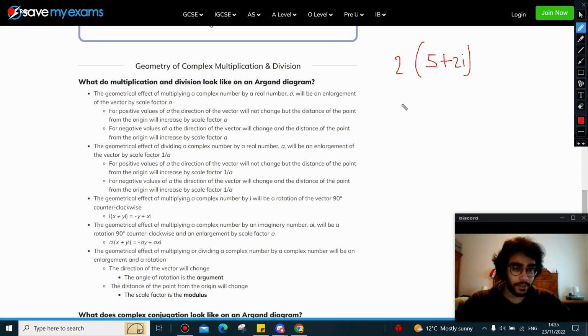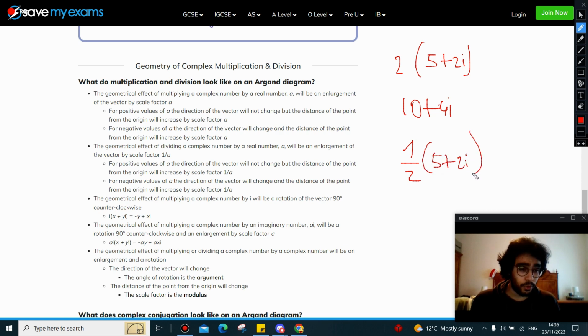So it will be 10 plus 4i. So in your xy coordinates, you go 10 to the right instead of 5, and 4 up instead of 2. So you are enlarging your vector by 2 times. If you multiply by a fraction, then again it's still enlargement or stretching, you can call it, by the factor of 1 over 2.